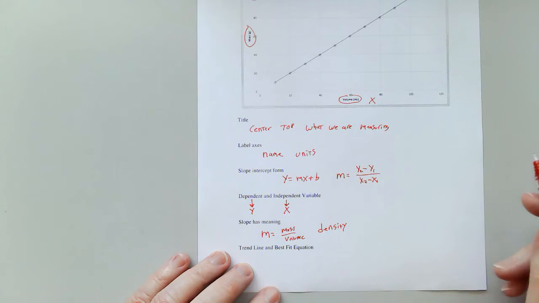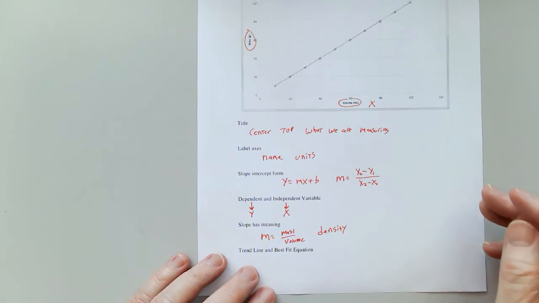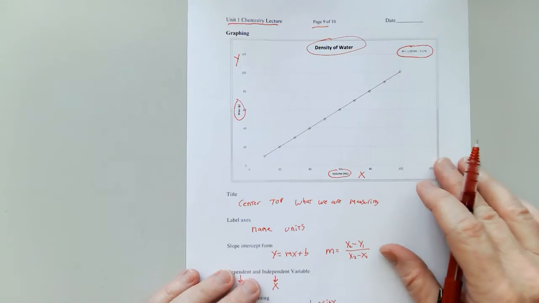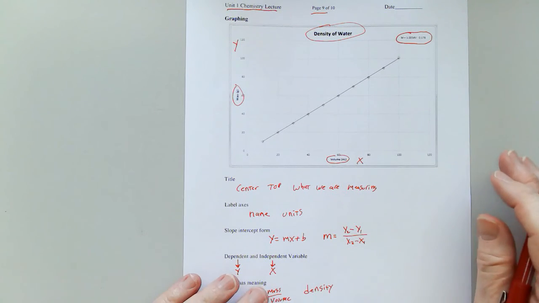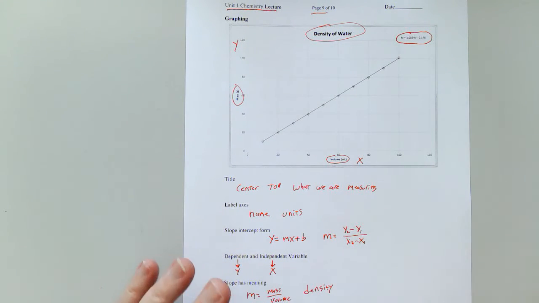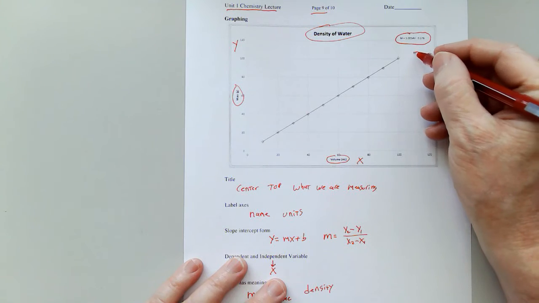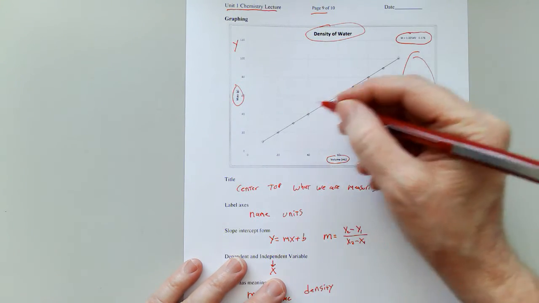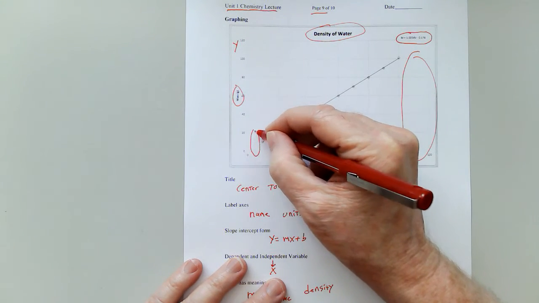You'll notice that this graph is computer generated, and there's something I could have done better with it. There is a whole lot of open space there and even right there.